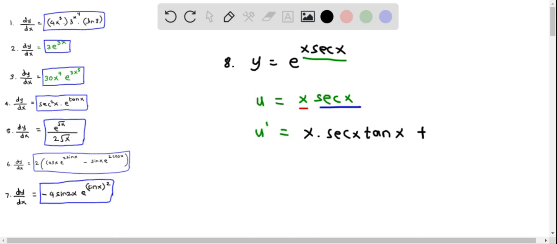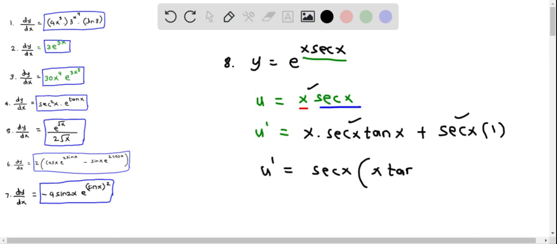Now we put the second term, that is secant x, and then multiply this with the derivative of x, which is 1. So u prime equals x times secant x tangent x plus secant x, or in fact we can factor the secant x, which we have in both terms. So I'm going to factor secant x and then write this as secant x times x tangent x plus 1. So this is the derivative of u.